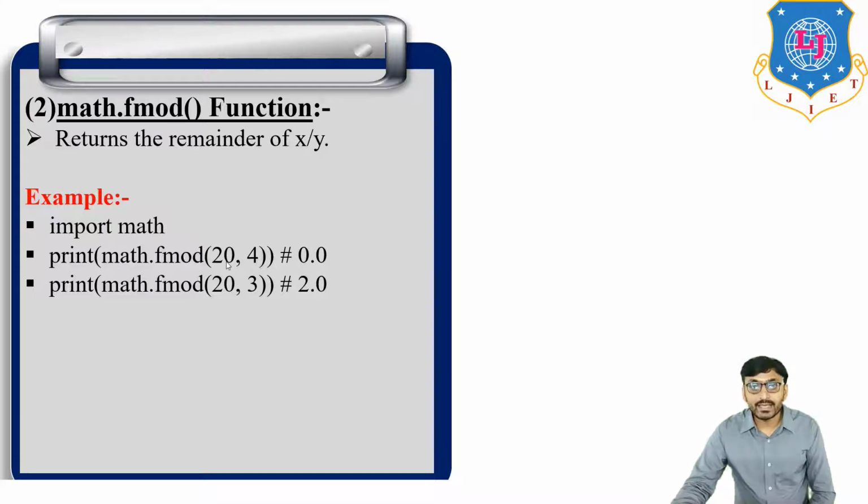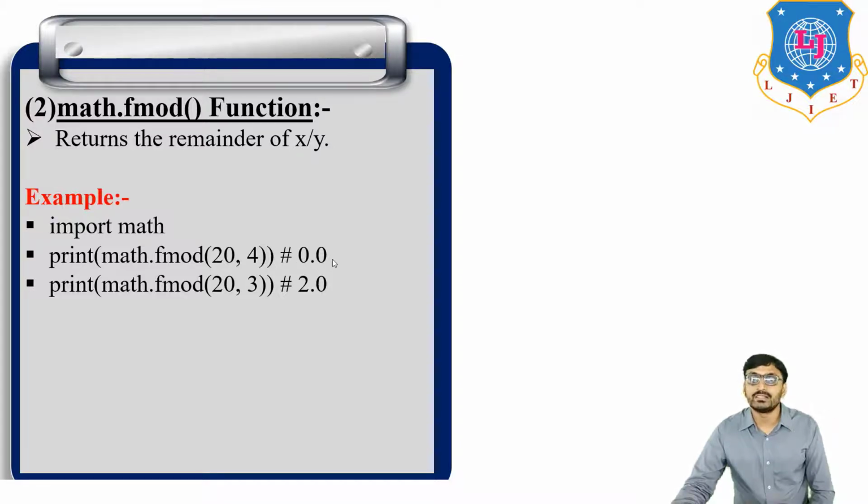Here 20 is x and 4 is y, so 20 divided by 4. If we divide 20 by 4, the remainder is 0. So it returns 0.0, because the fmod function returns the answer as a float value. Remember this one.